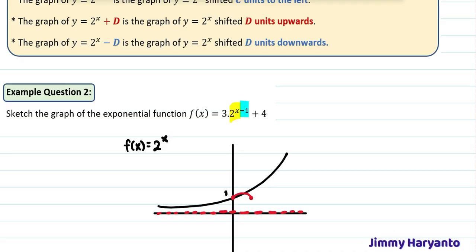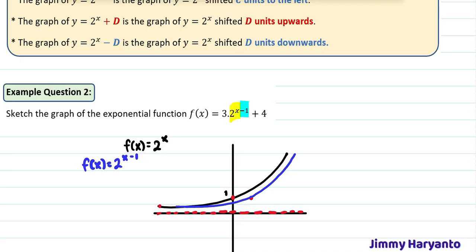Let's say you have this point, this point will move there. That means the shape will be like this. So this is f(x) equals 2 to the power of x minus 1.